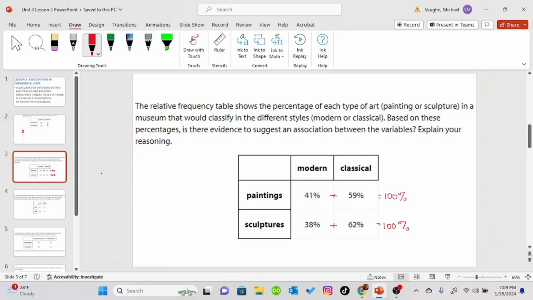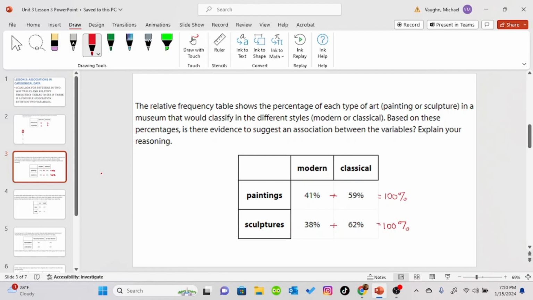So, if these proportions are similar, then there is not an association because it doesn't appear to matter. If these are very different or noticeably different, then there would be an association.